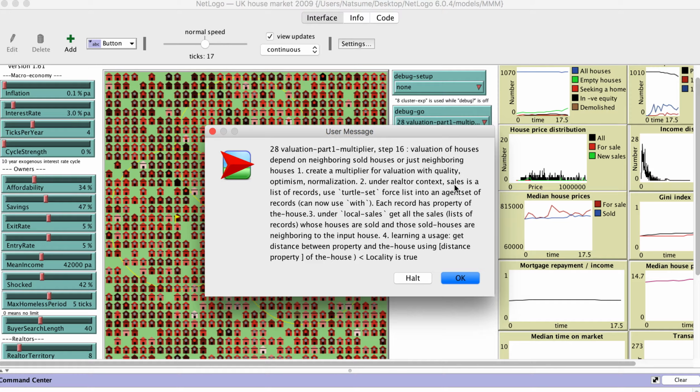The realtors were based on the sales records. Sales is a list of records. And if we use turtle sets, we can turn the sales, which is a list, into an agent set. With the agent set, we can use functions like with, like ask, which make everything easier.